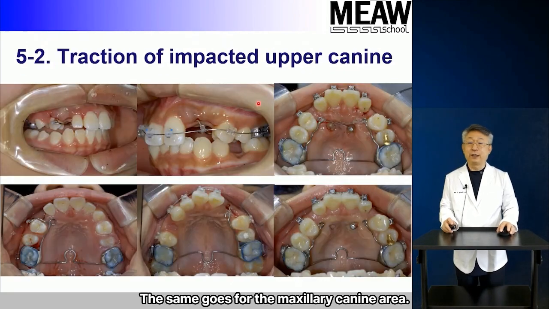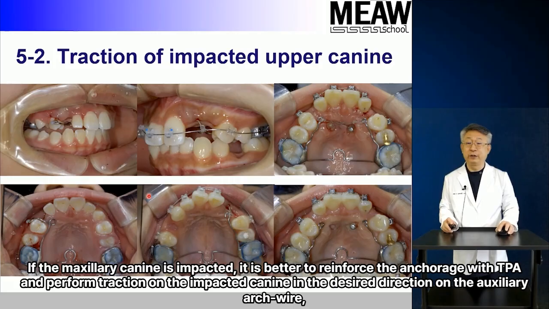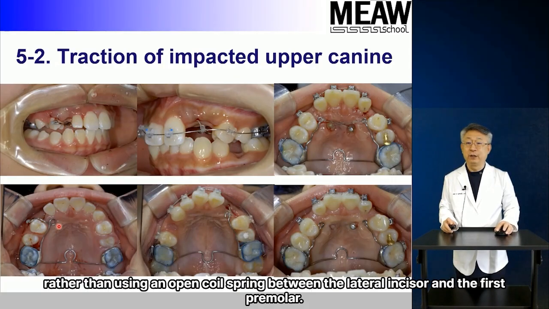The same goes for the maxillary canine area. If the maxillary canine is impacted, it is better to reinforce the anchorage with TPA and perform traction on the impacted canine in the desired direction on the auxiliary arch wire, rather than using an open coil spring between the lateral incisor and the first premolar.